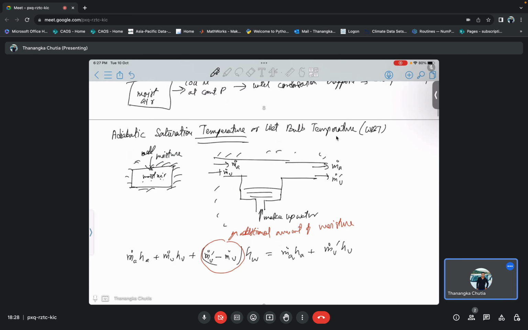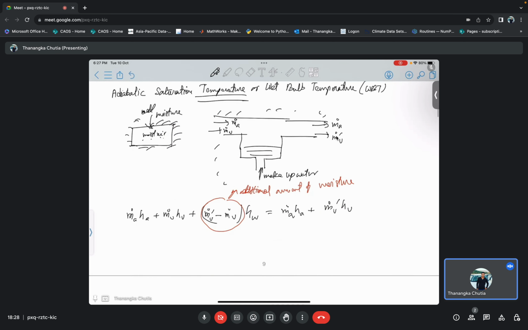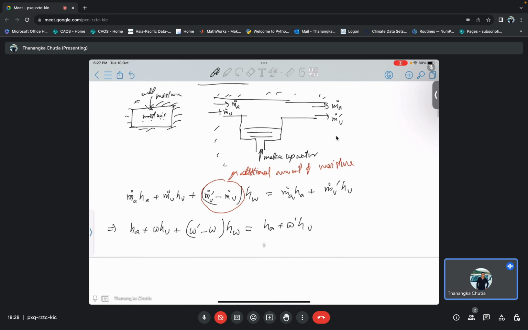Now once again, per unit mass of dry air, I can write this as h_a plus w times h_v, plus (w prime minus w) times h_w, equal to h_a plus w prime times h_v.